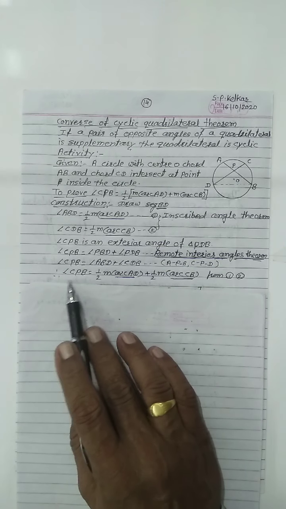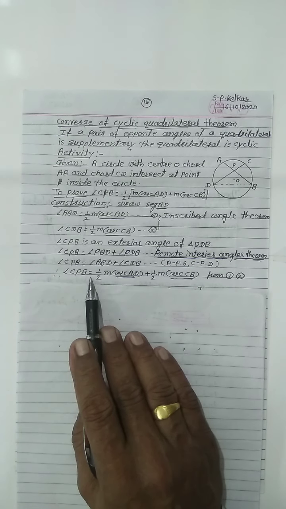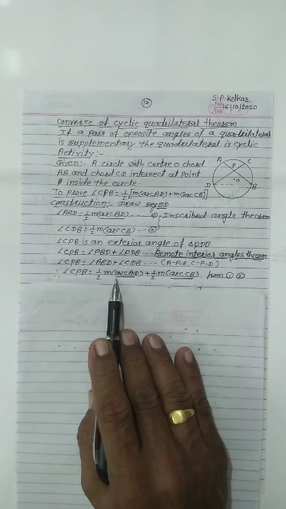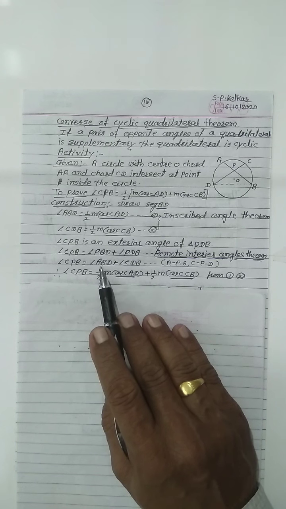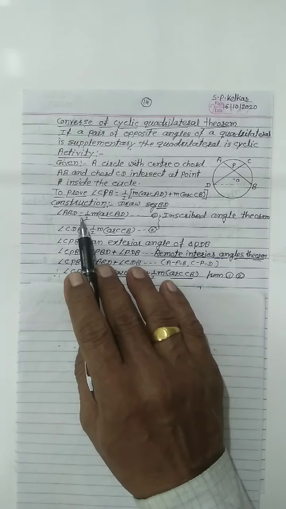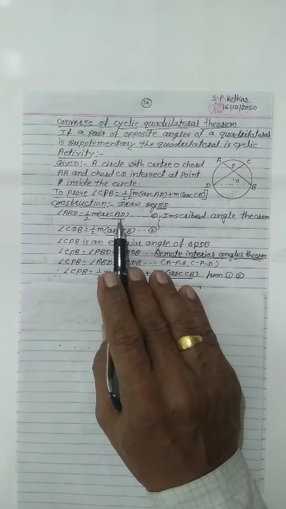The measure of angle ABD is 1 by 2 measure of arc AD.